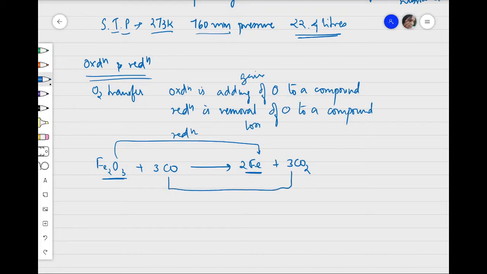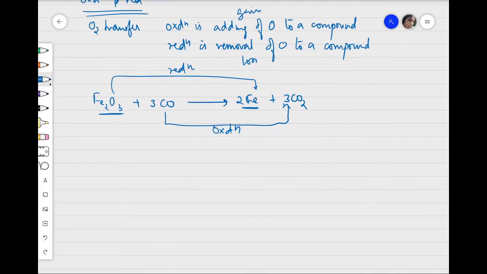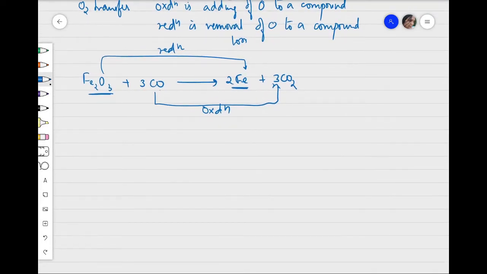Here CO became CO2, so in this case it is oxidation because there is a gain of oxygen.